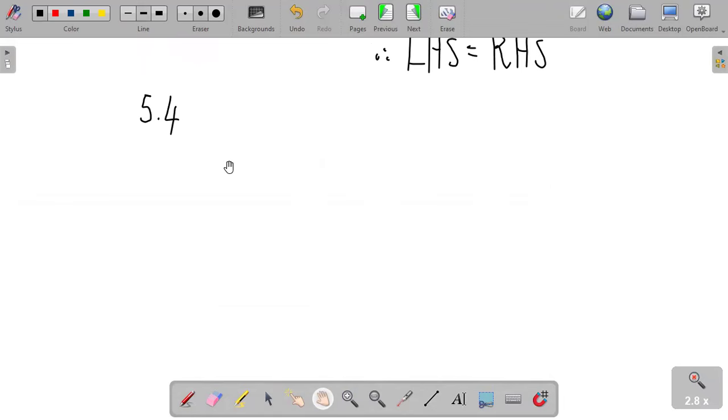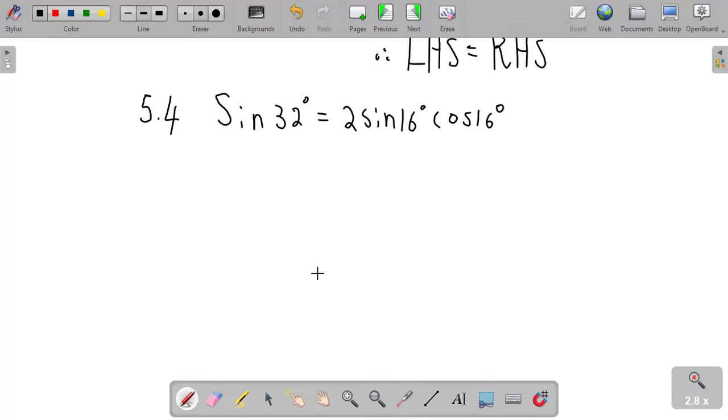Well, sine 32 can be broken down. We know that sine 32 degrees equals 2 sine 16 degrees cos 16 degrees.